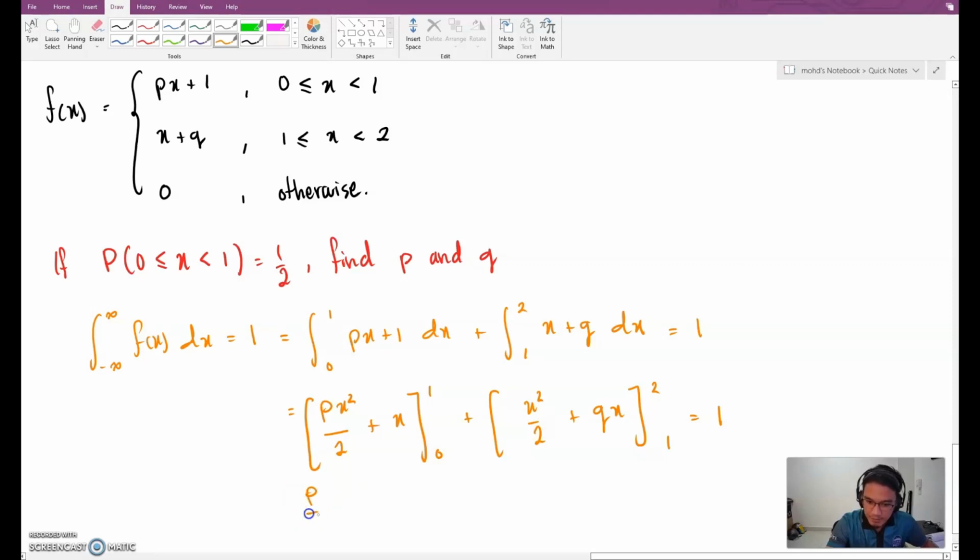We have p over 2 plus 1, plus 2 plus 2q, and then minus 1 over 2 plus q, equal to 1.